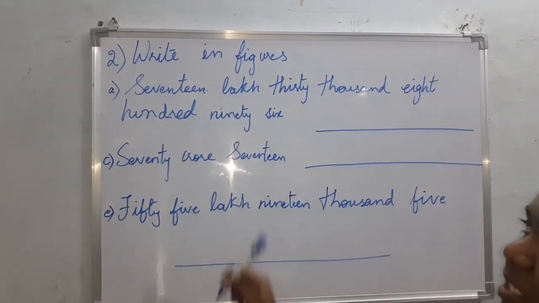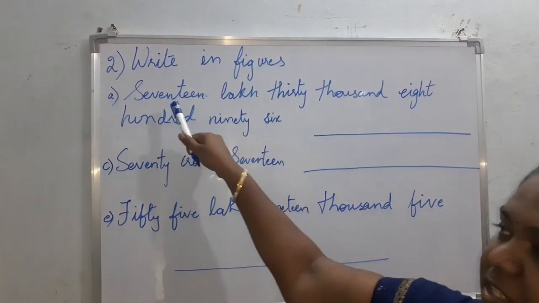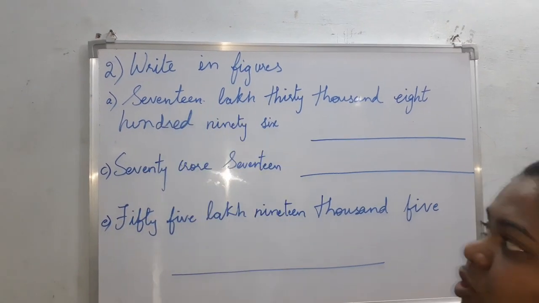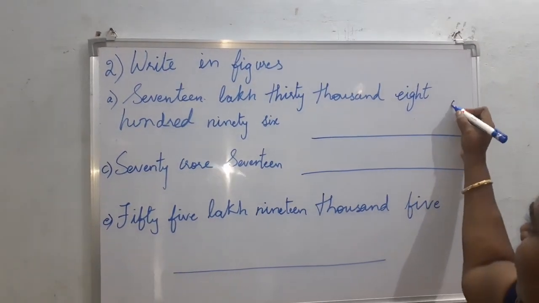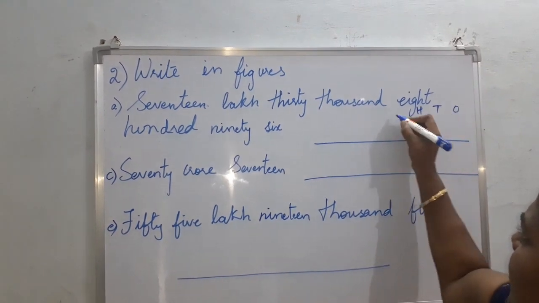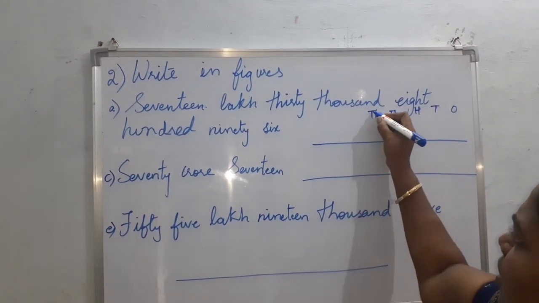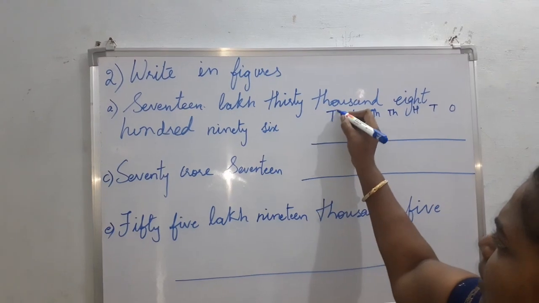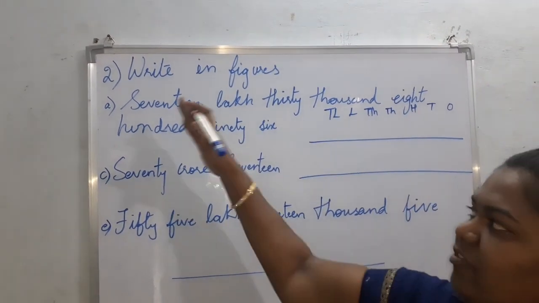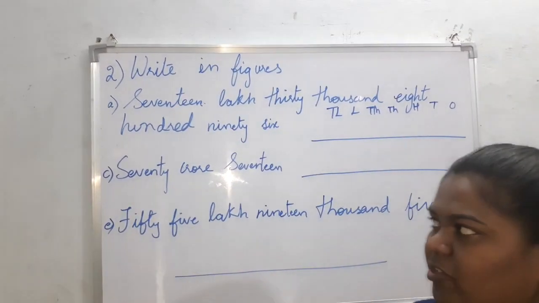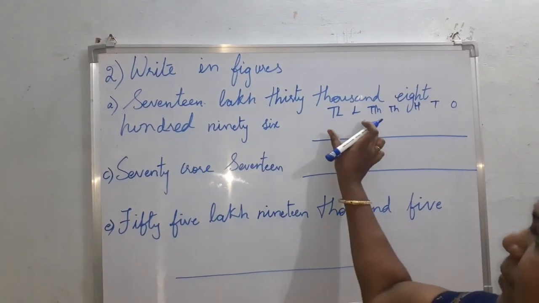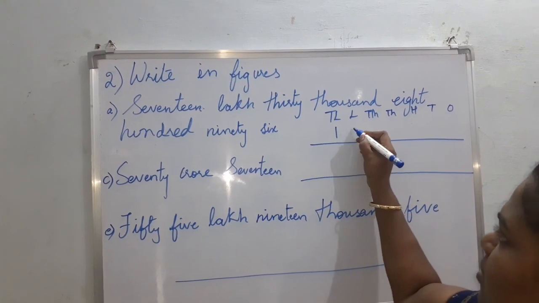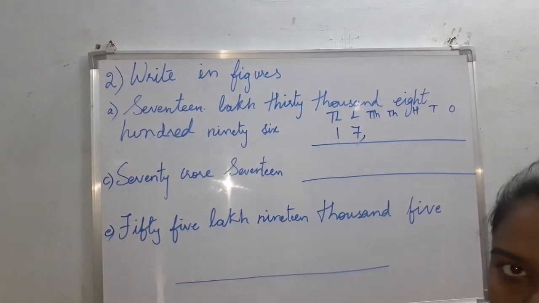17,30,896. So first see the first words: 17 lakhs. So write your place values till lakhs and 10 lakhs: ones, tens, hundreds, 1,000, 10,000, lakhs and 10 lakhs. You can start from first or you can start from last, that's your wish. 17 lakh, so in the lakhs place 1 7. Place a comma.